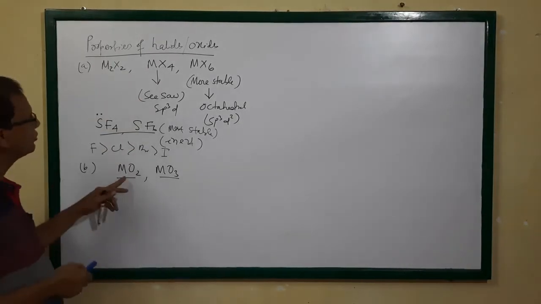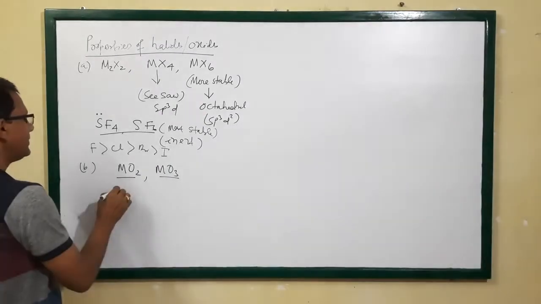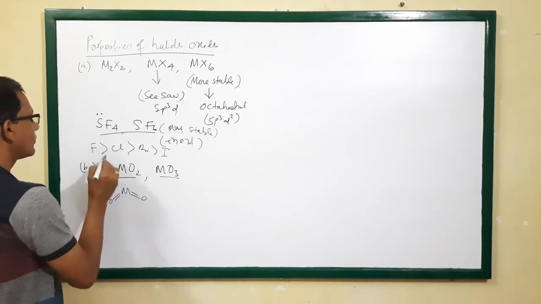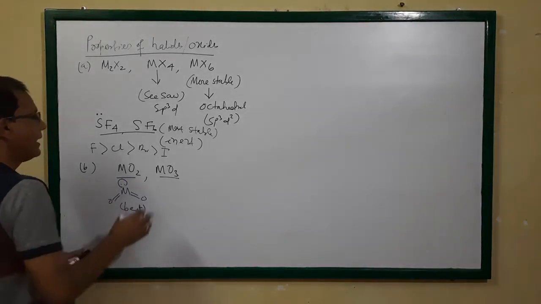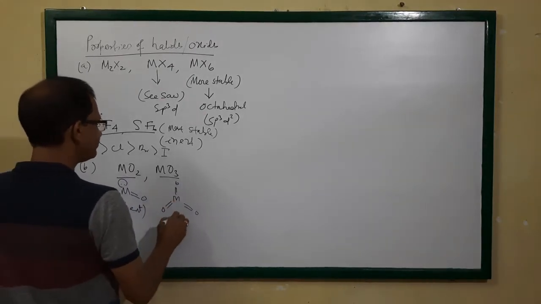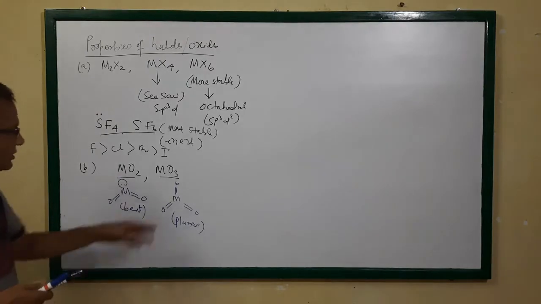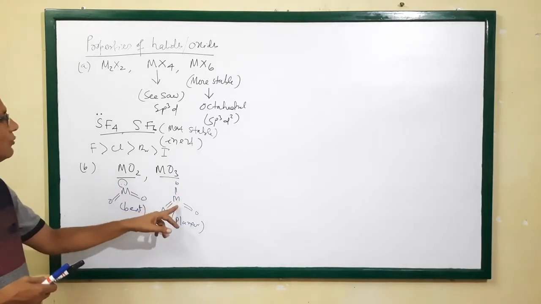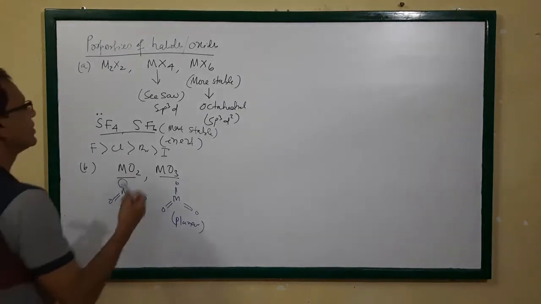Dioxides generally have a bent shape, and trioxides are planar in the gaseous state. The dioxide molecule is bent due to the presence of a lone pair, and the trioxide has no lone pair, so it is planar. And these oxides are more acidic.